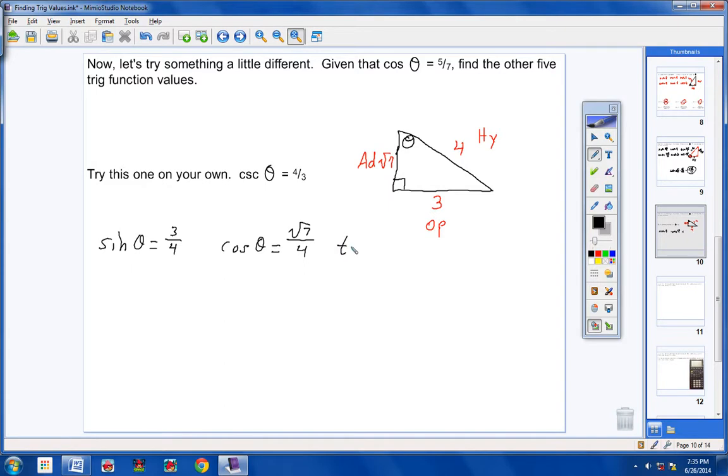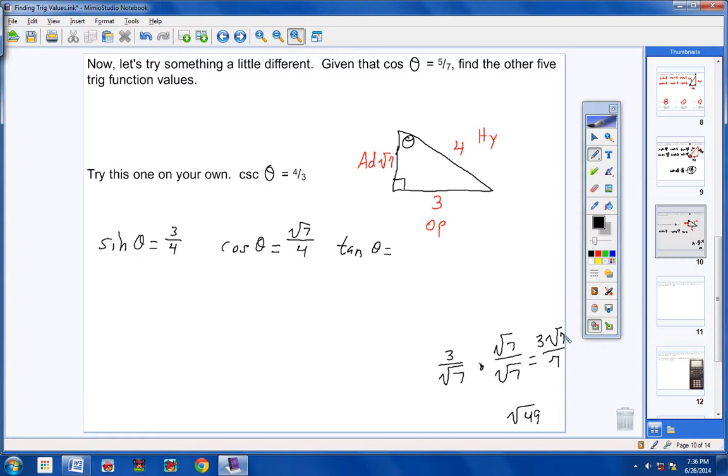Tangent equals, oh, we got some work to do on this one. Tangent of theta equals opposite over adjacent, 3 over square root of 7. We don't want this square root in the denominator, so we're going to multiply the top and the bottom by the square root of 7 to rationalize the denominator. 3 times the square root of 7 would be 3 square root of 7, and then square root of 7 times square root of 7 would be the square root of 49, and the square root of 49 is just 7.